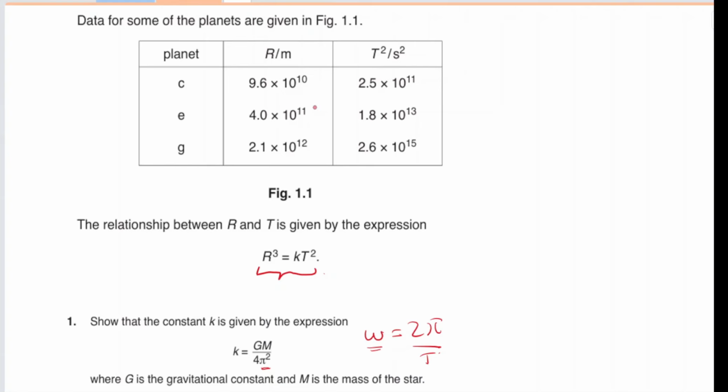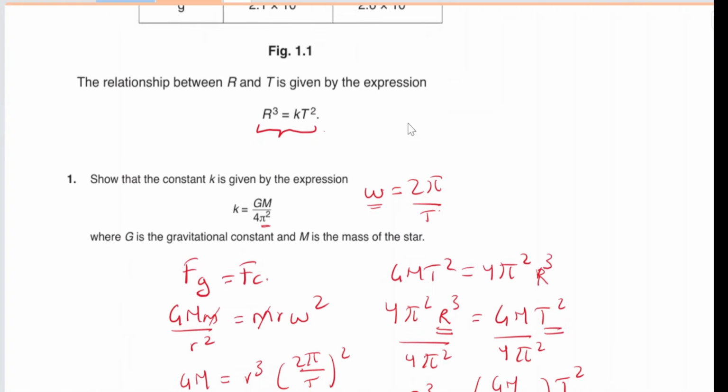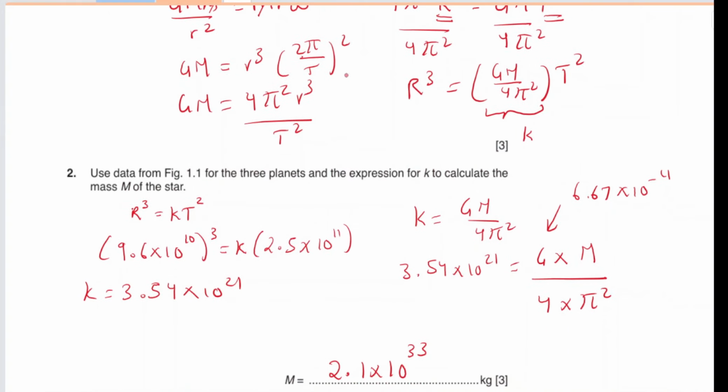So you can use any of these 3 planets to find the value for k, because k is a constant and it will be the same for each of these 3 planets, right? So you can use any of these to substitute and get the value for k. This is the value for k that I found when I substituted it.